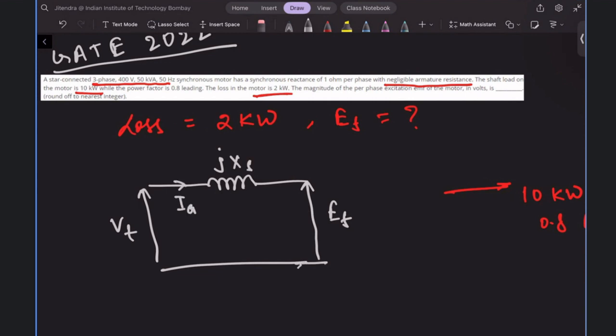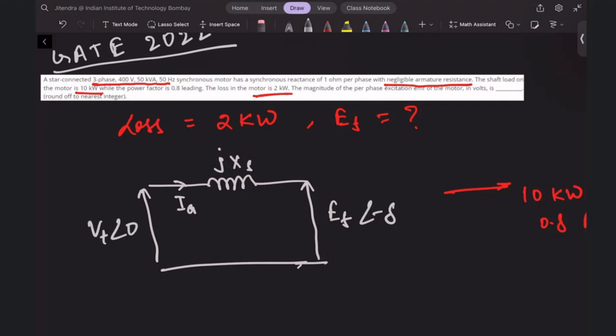Now it's just a simple inductor circuit with AC, right? And yeah, if you consider VT at angle 0, then EF at an angle. Sir, it is a per phase equivalent circuit. Yeah. Okay.